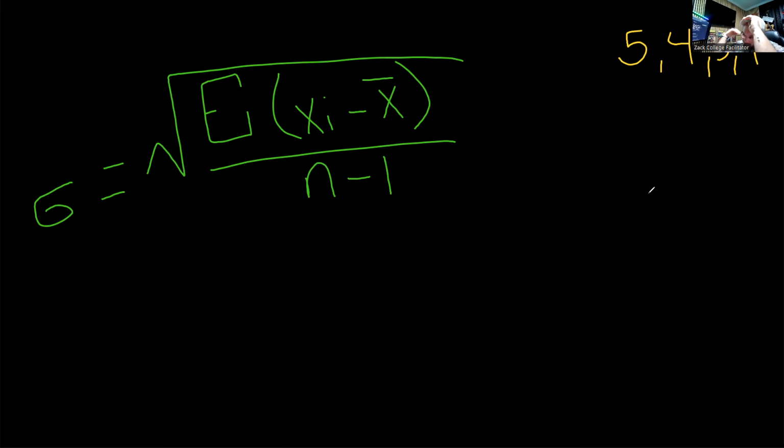The first thing I want to know out of this data set is what is my average? We can associate this as X bar. So we have X bar equals what? What's going to be my average of this data set?